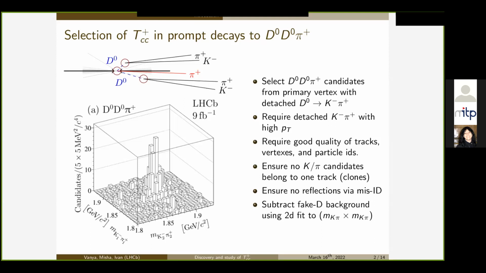As there are pions and kaons of the same sign in the event, we especially ensure that they don't share the same track. So these candidates are really different particles.